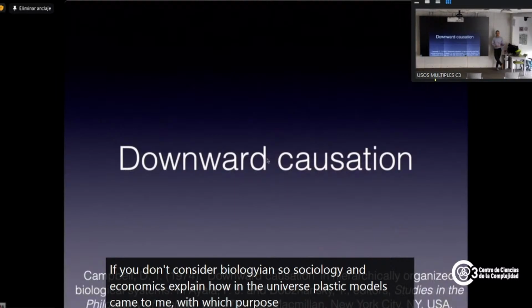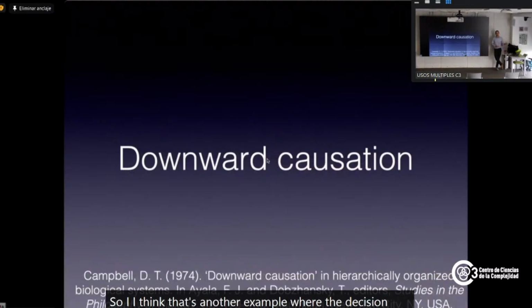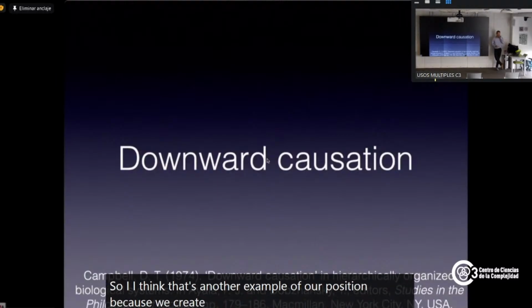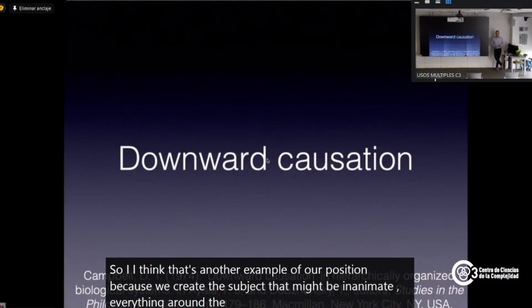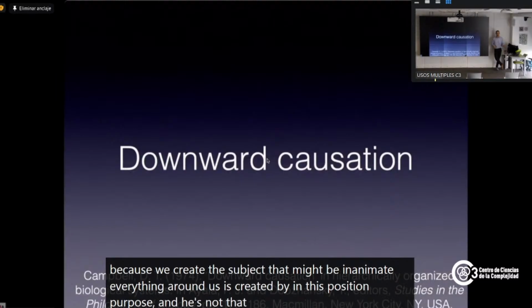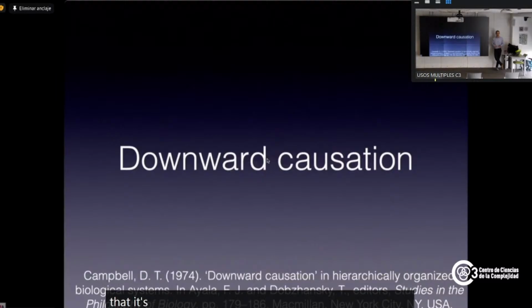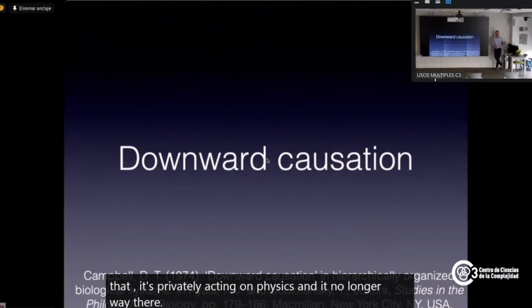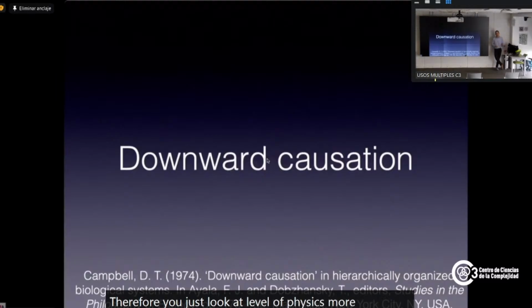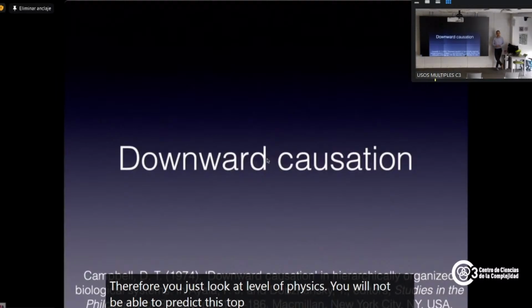We create these objects that might be inanimate, and everything around us is created by us with a specific purpose. It's not that we are violating the laws of physics, it's just that biology is acting on physics in a downward way. Therefore, if you just look at the laws of physics, you will not be able to predict this type of objects in the universe.